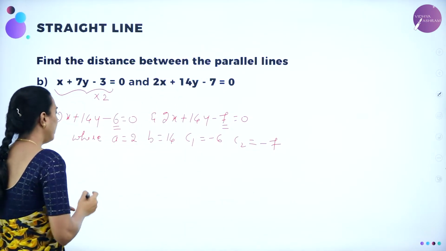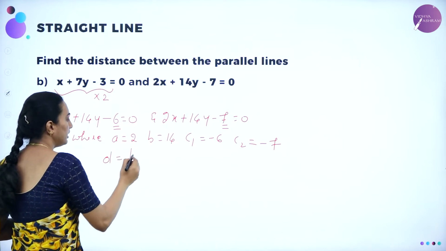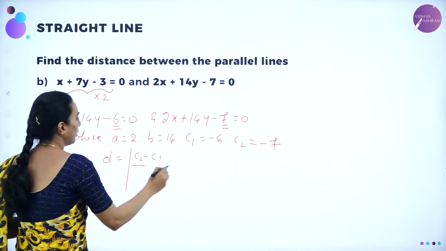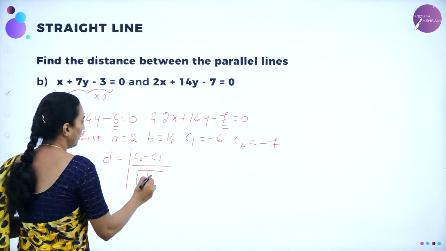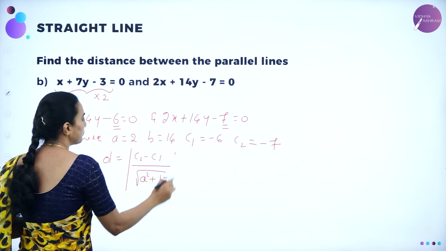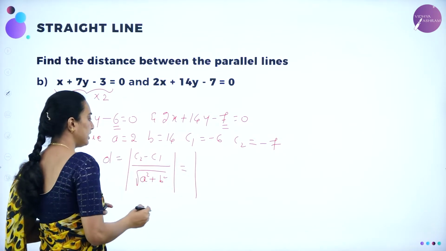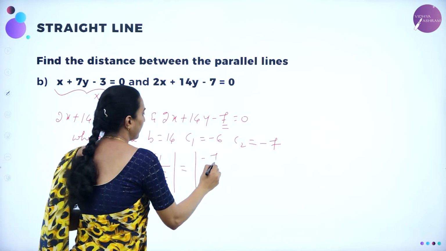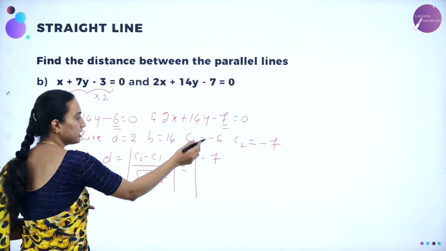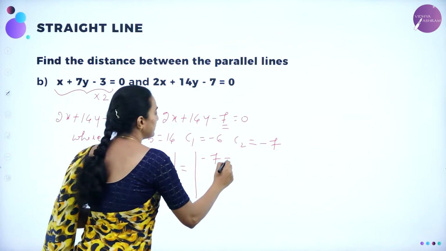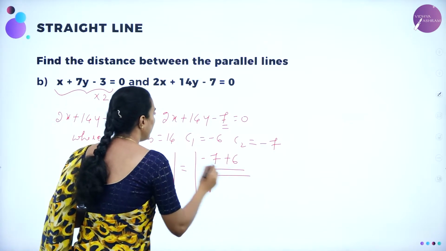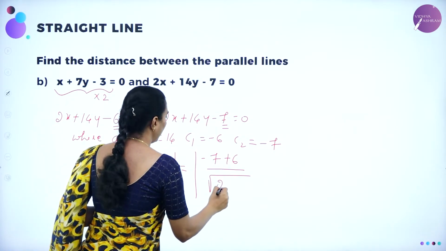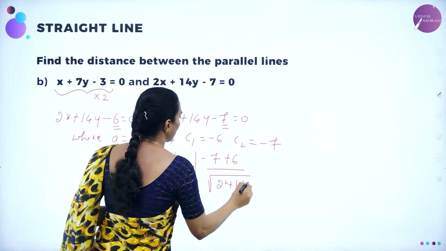Okay. Now writing the formula, D is equal to modulus of C2 minus C1 divided by square root of A squared plus B squared. Substituting here, C2 minus C1 is minus 7, see minus C1, minus of minus will become plus 6, divided by square root of A squared is 2 squared plus B squared is 14 squared.